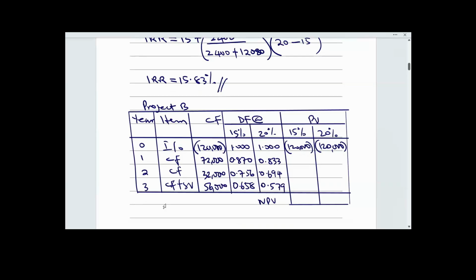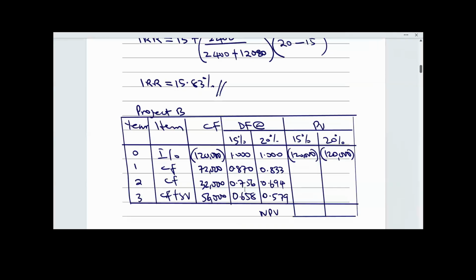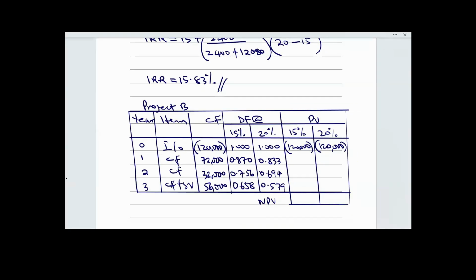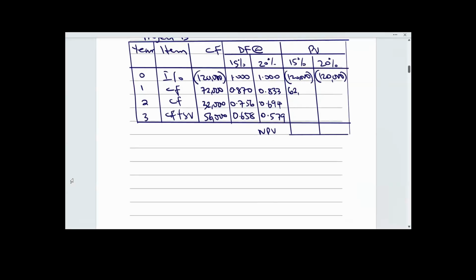So 72,000 multiplied by 0.870 gives 62,640. Year 2, 32,000 multiplied by 0.756, 24,192. Year 3, 36,848.